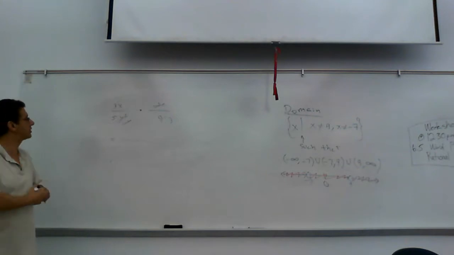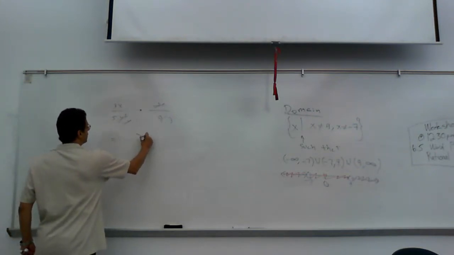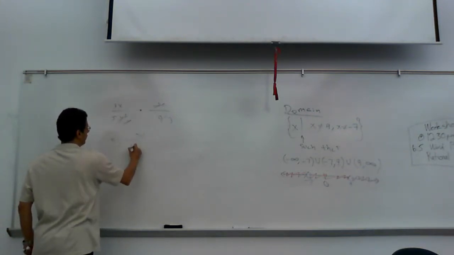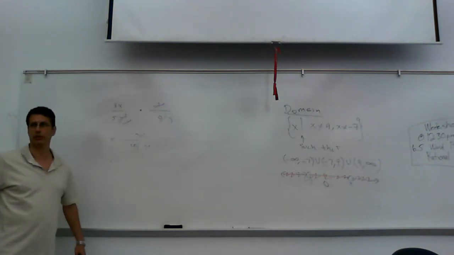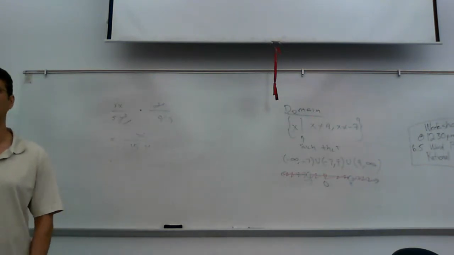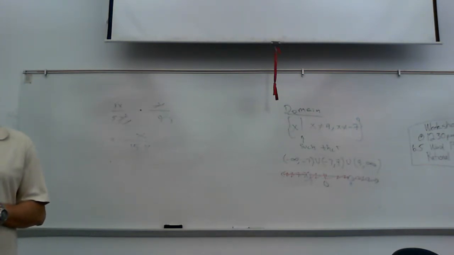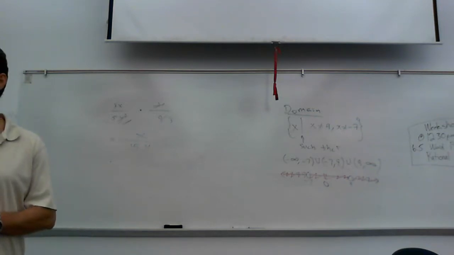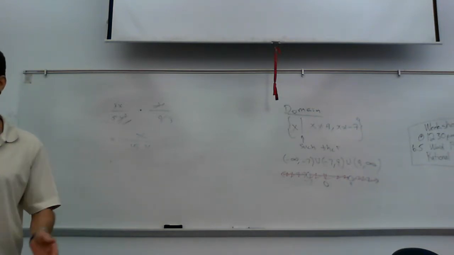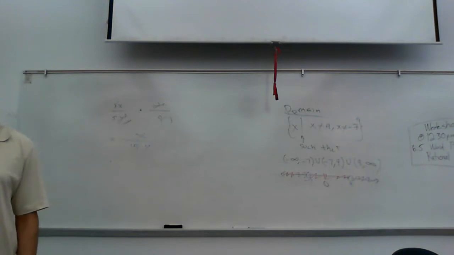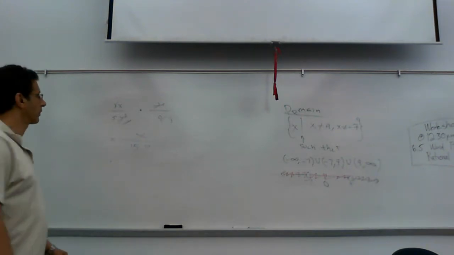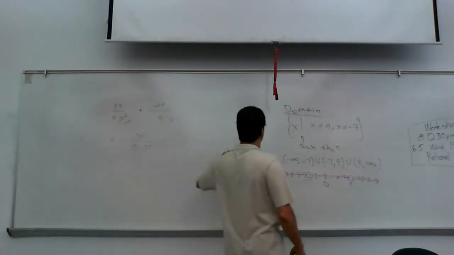So whatever is left is the answer. The top has x, and the bottom is 15, 5 times 3, 15y. You're done. Would that work for everybody? Simple. Whatever you do to numbers, you do to expressions, when you want to add them, subtract them, multiply them, divide them. Right? Sounds good?